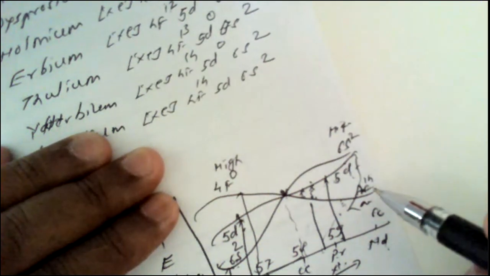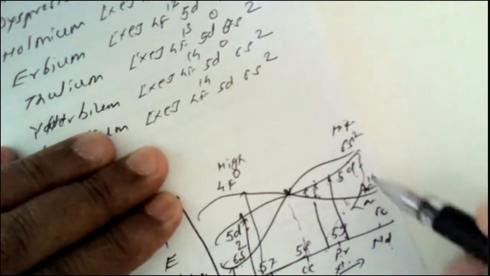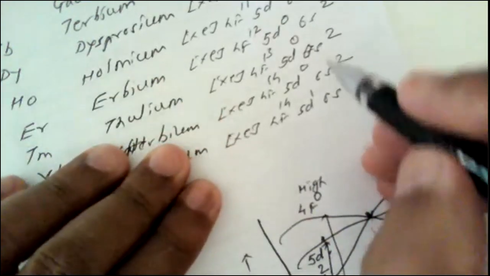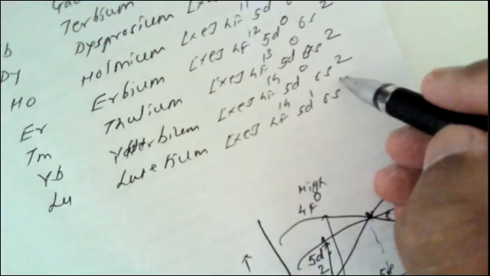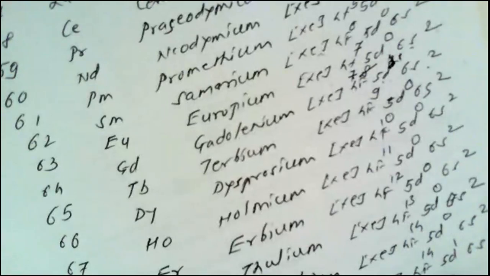Now the choice for the incoming electron will be only 5d. So the 71st electron now enters into the 5d orbital. Hence it becomes like this: 4f14, 5d1, 6s2. So this is how we have arrived at the electronic configuration for all these elements.